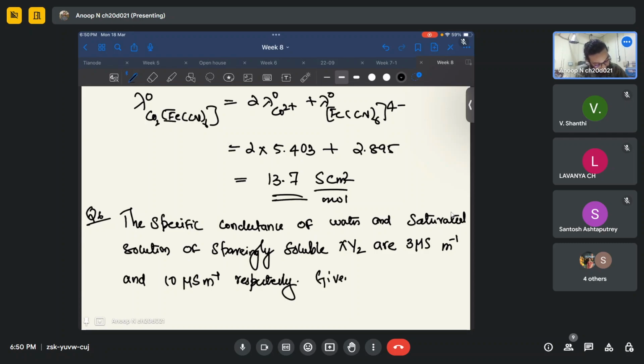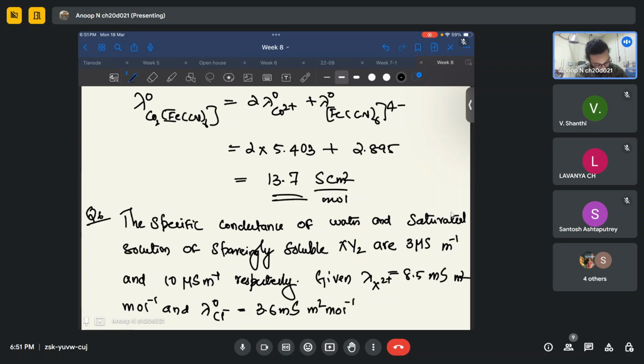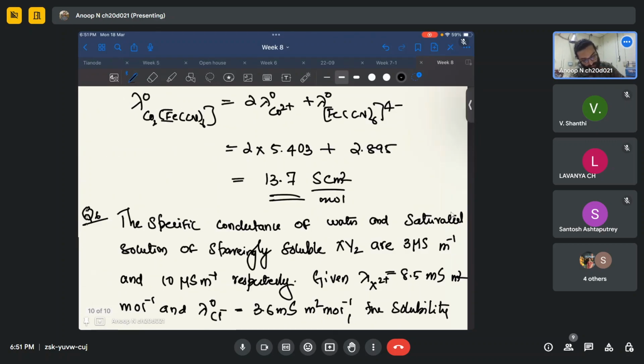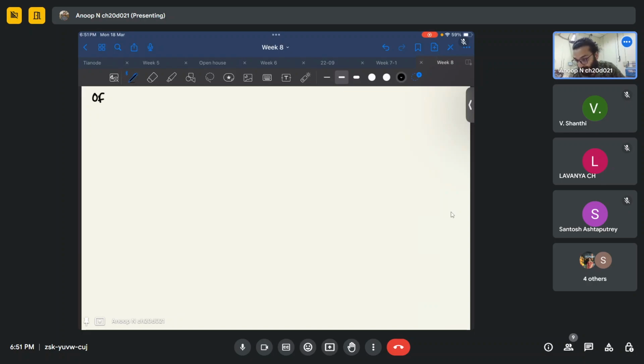Given lambda 0 X2 plus is equal to 8.5 millisiemens meter square mole raised to minus 1 and lambda 0 Cl minus is equal to 3.6 millisiemens meter square mole raised to minus 1. The solubility of XY2 in mole per meter cube is, this question also is from homework.